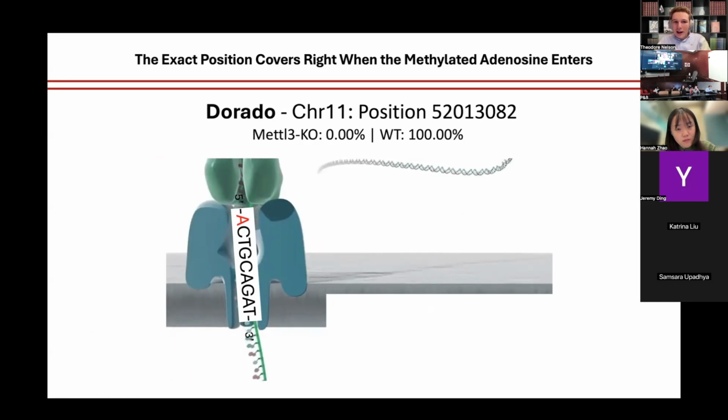But it turns out that this position is not the only place within the pore where this m6A base is going to be measured, because ultimately that pore fits 9 bases. Originally they fit 5, but maybe they're affected by longer range interactions before and after.